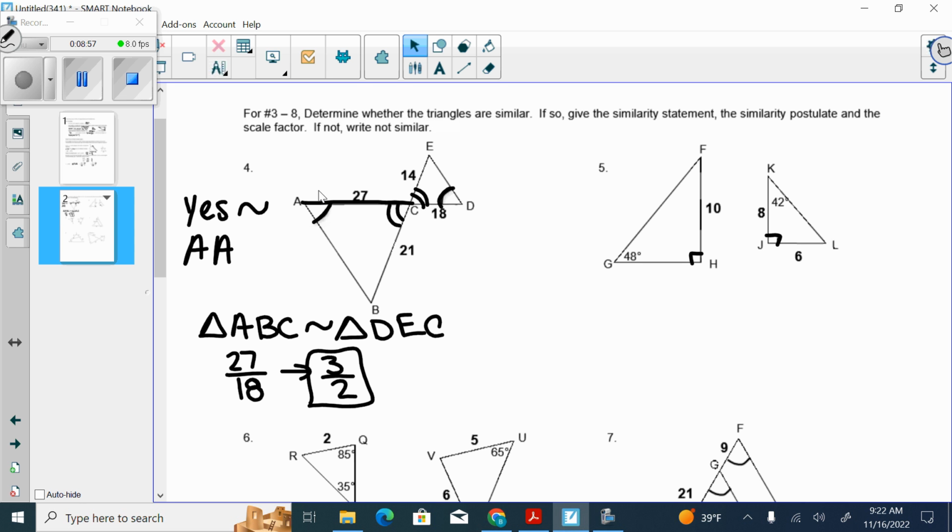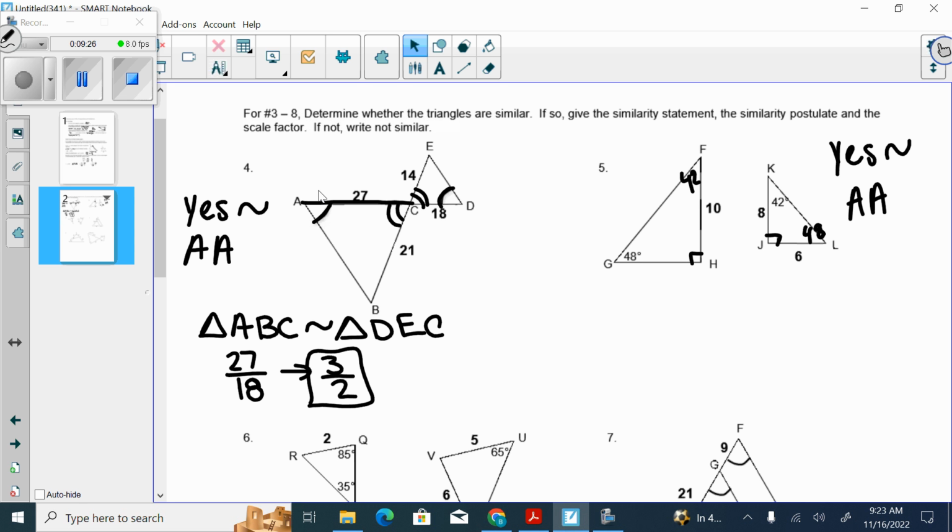If this one's 90 and this one's 48, what would angle F have to be? 42. Good. And if this one's 42 and J is 90, what does L have to be? 48. Okay, so now do I have at least two pairs of congruent angles? Yeah. So I can say that yes, these two figures are similar, again, by that angle-angle similarity.